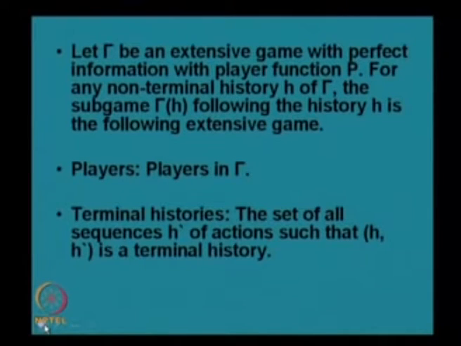The players in this gamma H is the set of players in the original game, that is the original game gamma. The second element that has to be specified is the set of terminal histories. So, how are the terminal histories of gamma H defined?